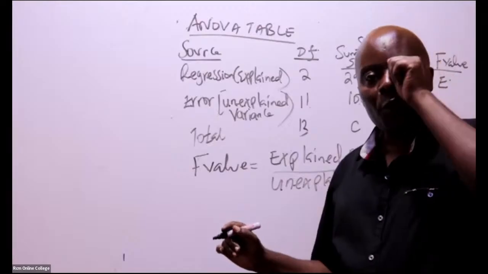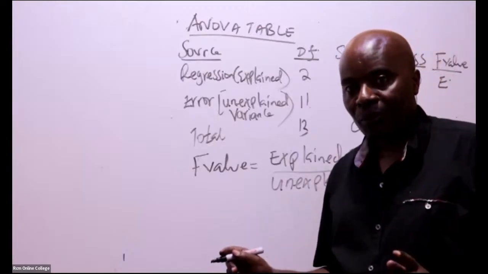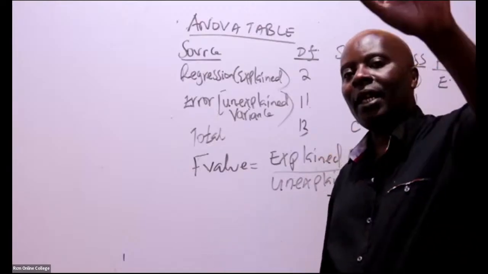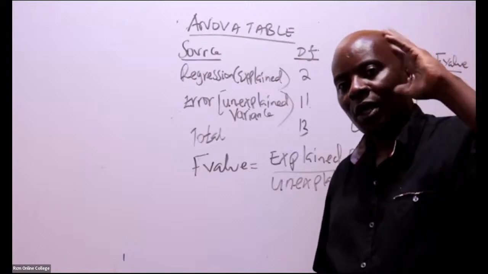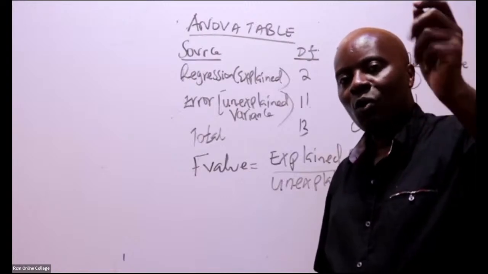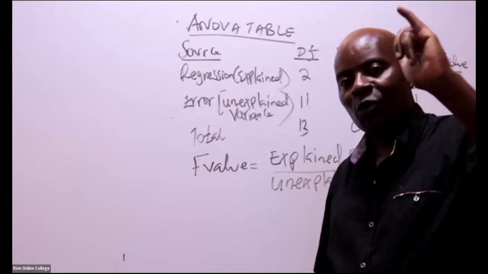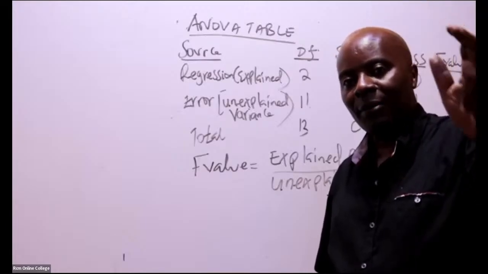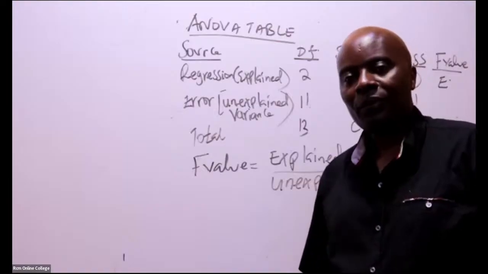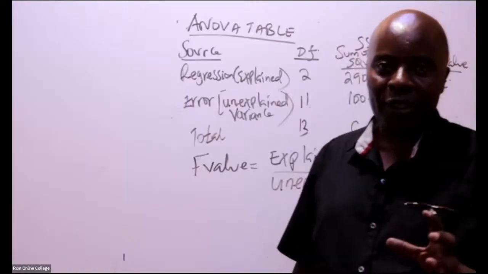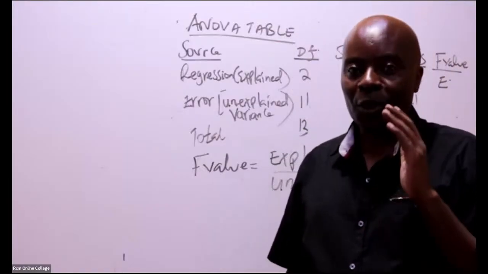When you do a regression equation for purpose of forecasting, for example, we have in this case two people fighting for presidency, Uhuru Kenyatta and Raila Amolo Odinga. A firm comes and does a regression equation for prediction.